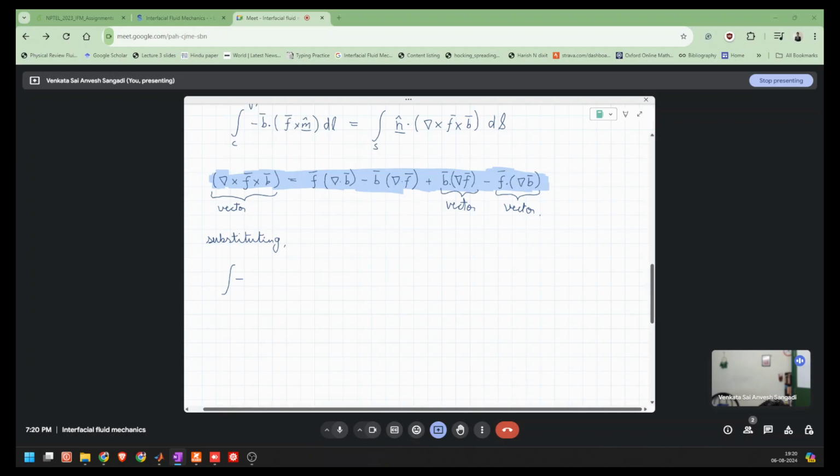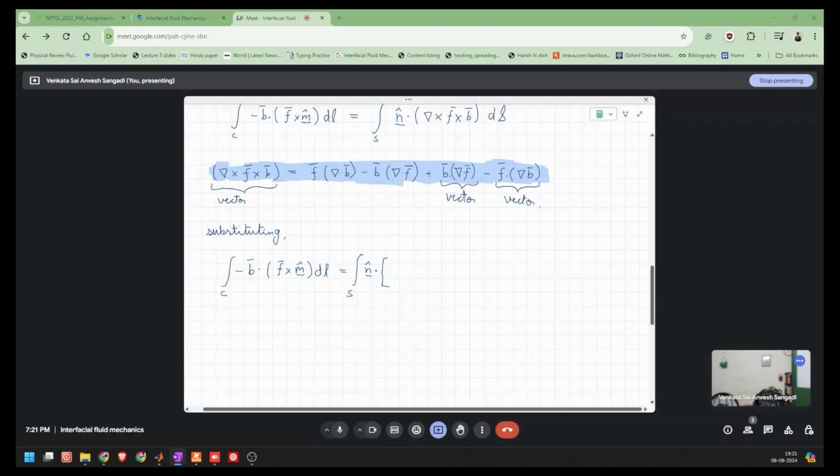So minus, also it's a vector, minus b dot f cross m hat dl is equal to integral over s, where n hat is dotted with f vector divergence of b minus b vector divergence of f vector plus b dotted with grad f minus f dotted with grad.